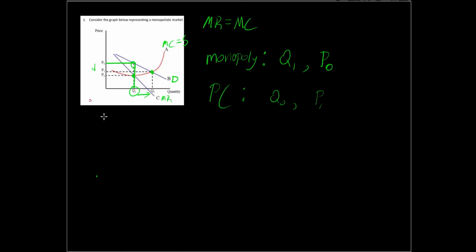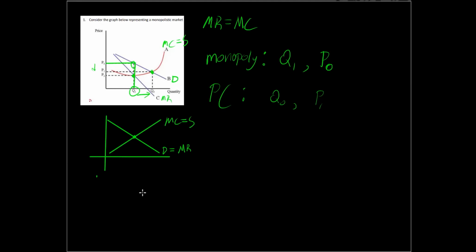For a perfectly competitive producer, the difference is that we've got a downward sloping demand curve, but that downward sloping demand curve is the same thing as the marginal revenue curve. So there's no separate marginal revenue curve, and marginal cost is unchanged.